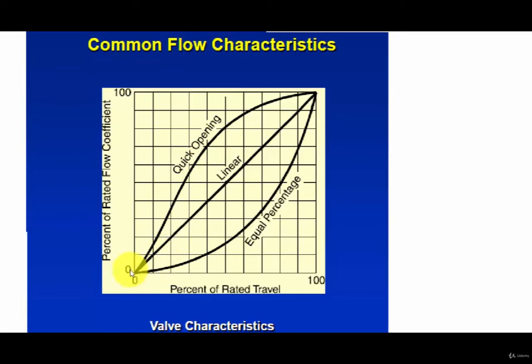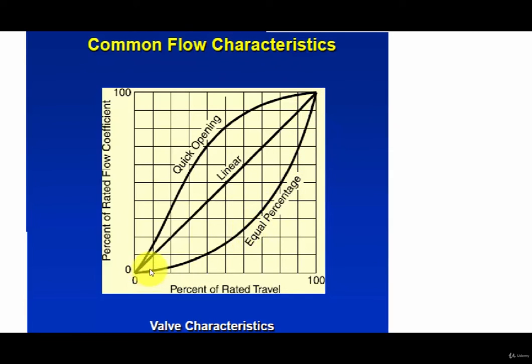Another important one is the equal percentage characteristic. For most of the control parameters, we use this type of characteristic for the control valve. Equal percentage, because it matches most of the control parameter characteristics or reaction rates, so it is suitable for most of the parameters.